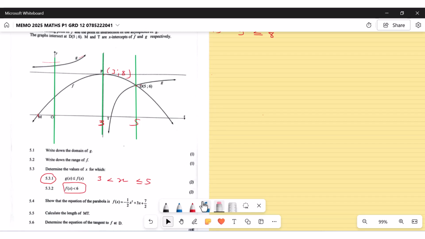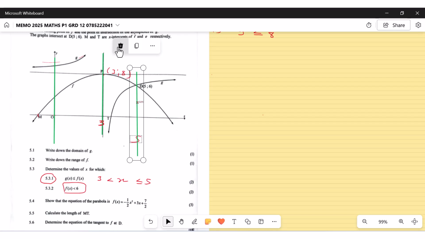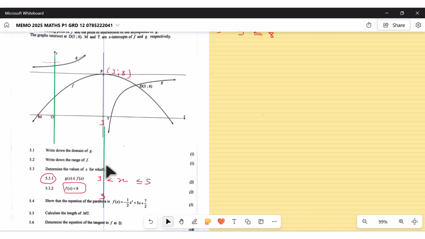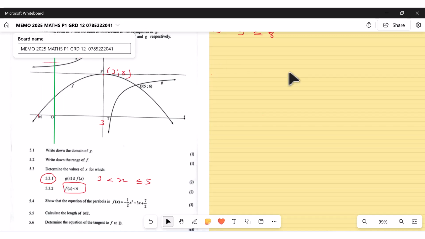So if I may draw a line which is horizontal, you can see this line here, which I'm trying to draw now, guys, don't worry. You see this green line here, which is dotted.